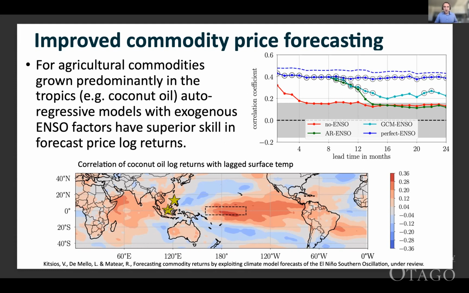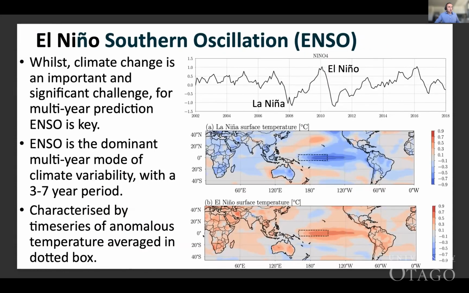And to kind of relate things back to the physical model, if we correlate the coconut oil log returns with surface temperature of the earth, then we get a pattern that looks qualitatively like the canonical ENSO. So I might just go back to the previous slide so you can recall. So this here is what an El Nino period looks like.